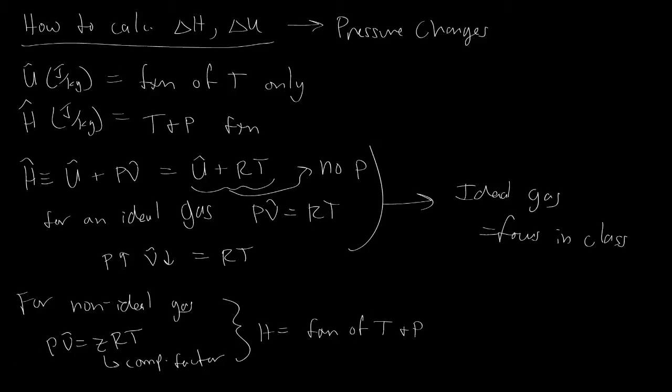Now the next important step is to calculate delta H and delta U with changes in temperature, because as we discussed on the previous slide, there really is no pressure dependency for an ideal material.